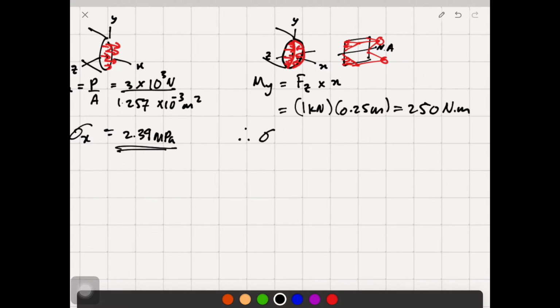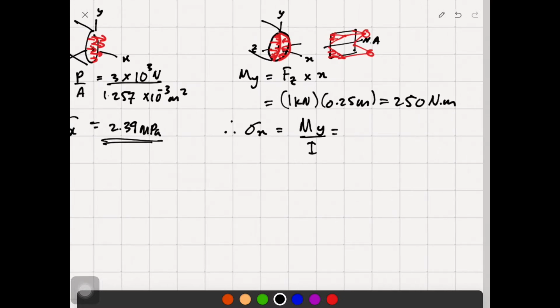Thus sigma x, right? We have the moment, just moment times y divided by the moment of inertia or second moment of area. So just take all the values in here. 250 Newton meter times y. What is y? It is just the radius, right?